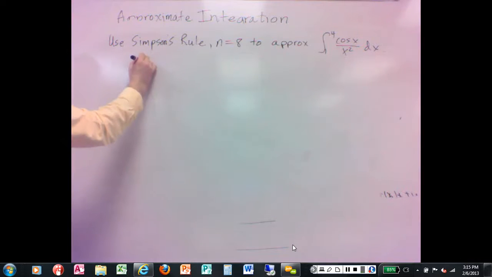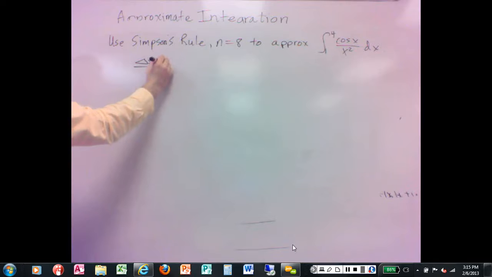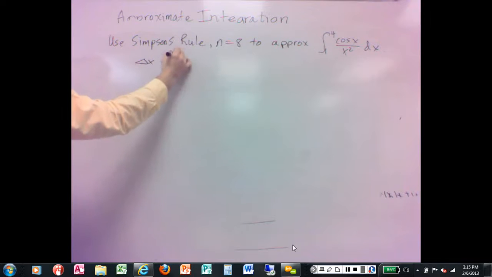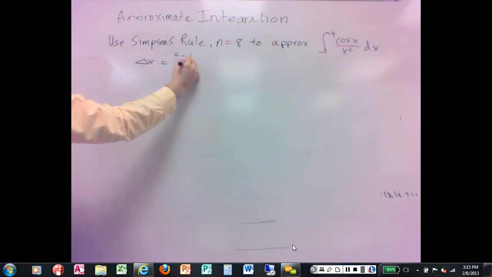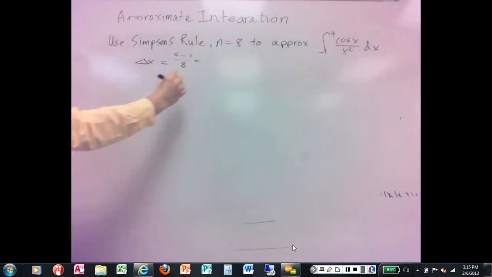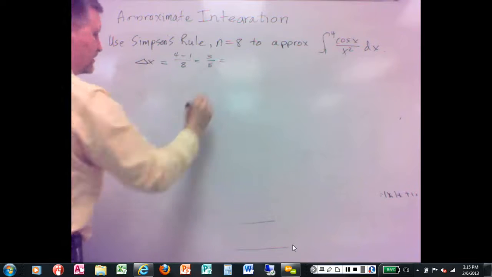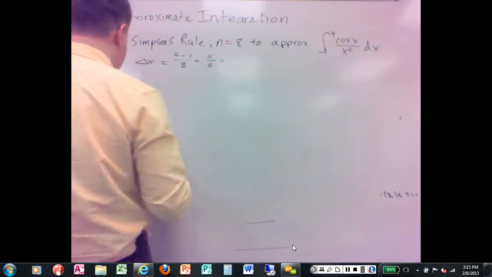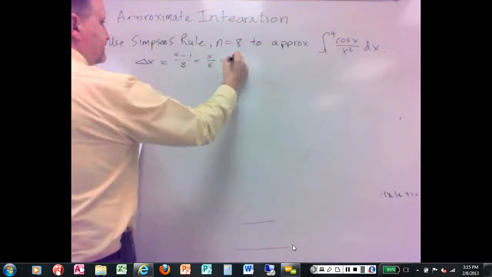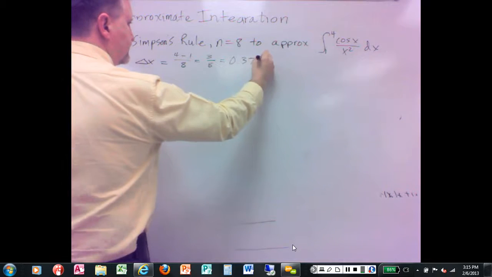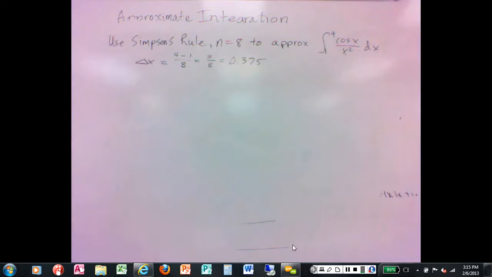What's delta x here? 4 minus 1 divided by 8, 3/8, also known as 0.375. So we start at x sub 0, which is 1.